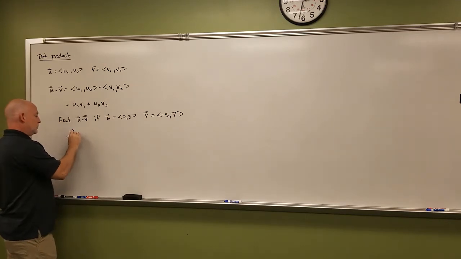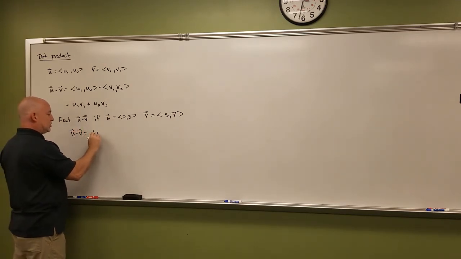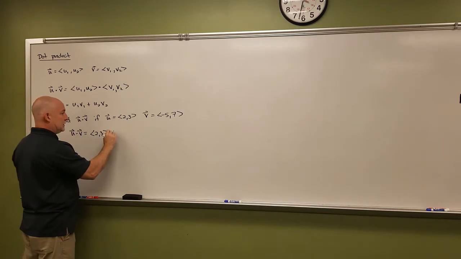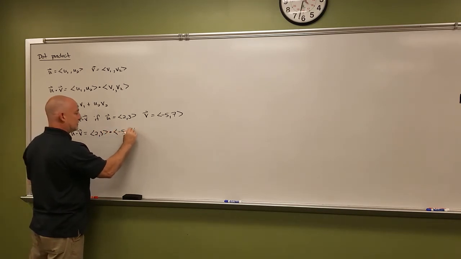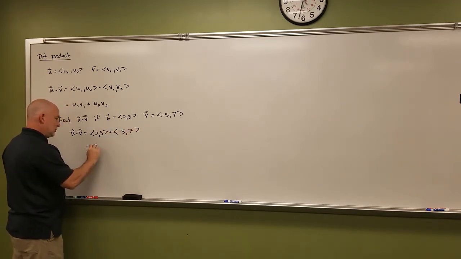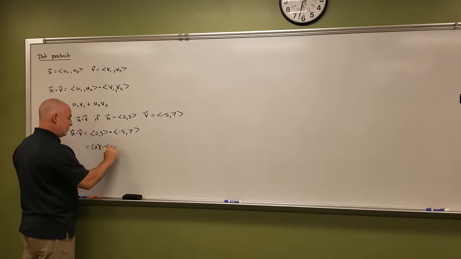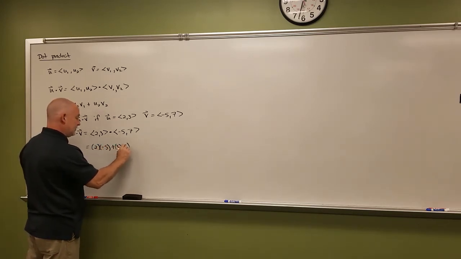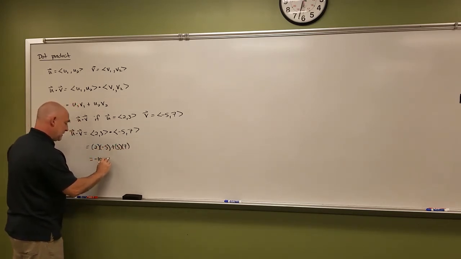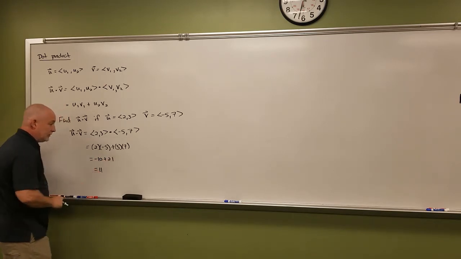So u dot v would be (2, 3) dotted with (-5, 7), or 2 times -5 plus 3 times 7, -10 and 21, which would be 11.